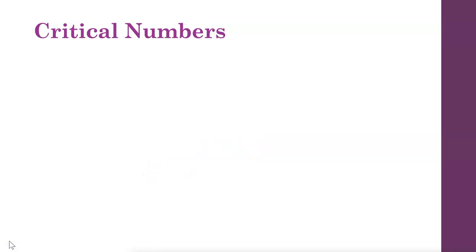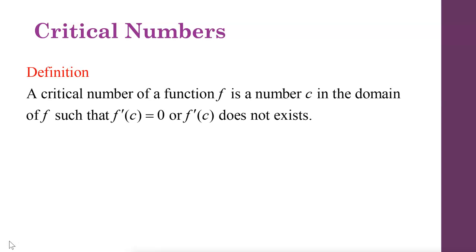Next, we will introduce some new terminology so we can refer to these points of interest as critical numbers. So a critical number of a function f is a number c in the domain of the function, such that either the derivative is 0 at that point, or the derivative does not exist.